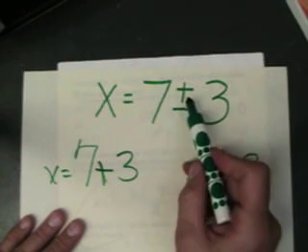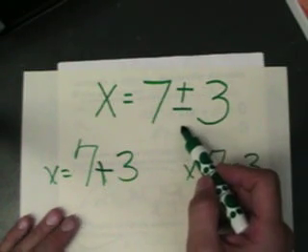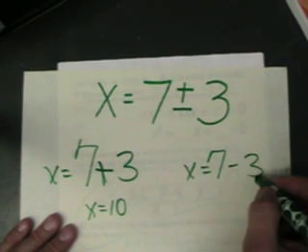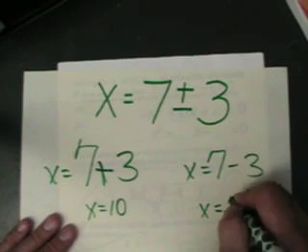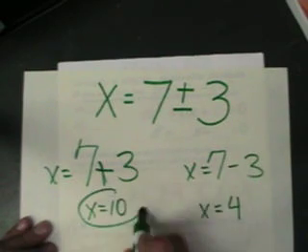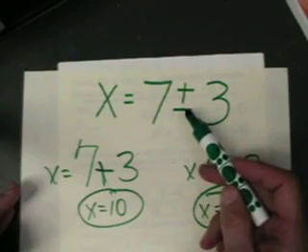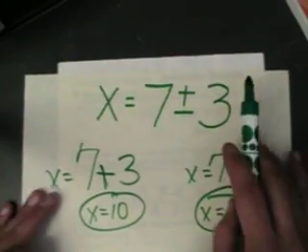That just tells you that one time you're going to add and one time you're going to subtract. So 7 plus 3, of course, would mean x equals 10. The other one would mean x equals 4. And so you actually have two answers when you have this. Sometimes you can just have one, but you'll see when that happens.